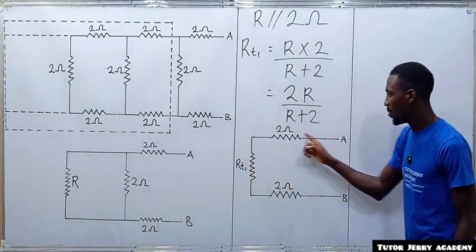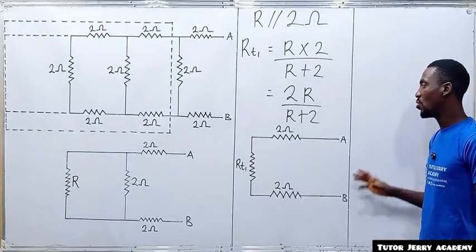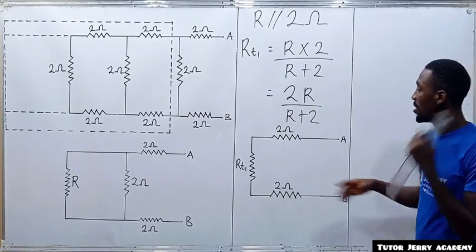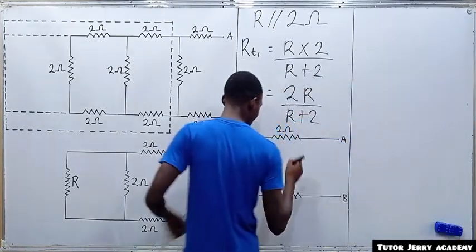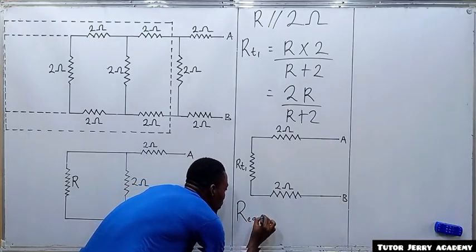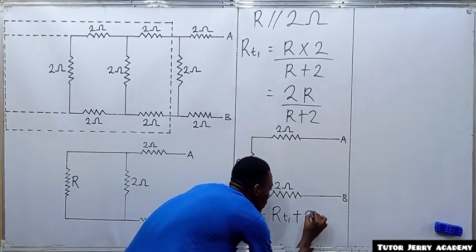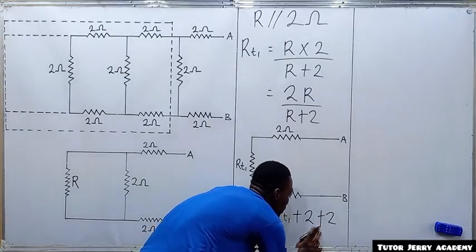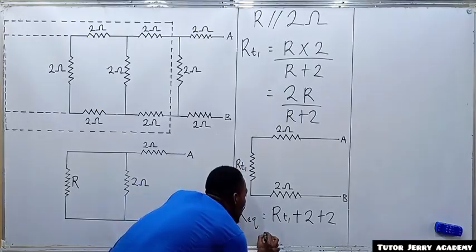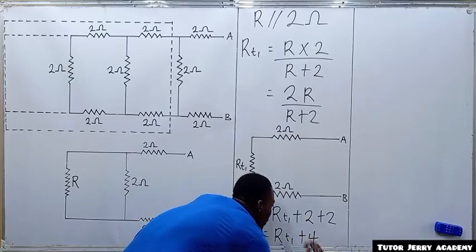Now you are going to observe that everything that we have now is in series. Exactly. So the equivalent resistance of this circuit is going to be R equivalent equals RT1 plus 2 plus 2, right? All right, and we already know that this will be equal to RT1 plus 4.